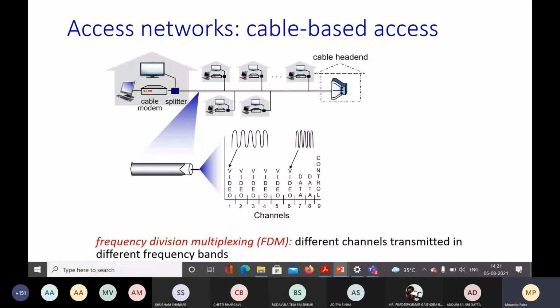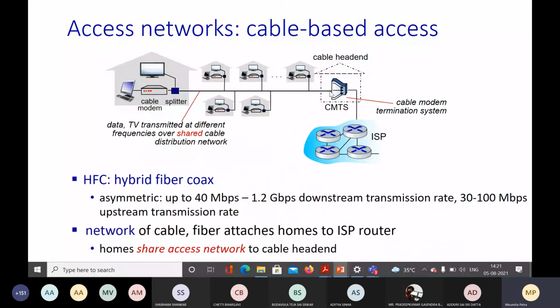So many houses are connected to this particular main line, and then that information goes to the cable modem termination system. From here it will be separated as to whether it will go to the ISP or just go to the central office, the cable office basically, where you will get the other information. From there all the signals are going to come back here.